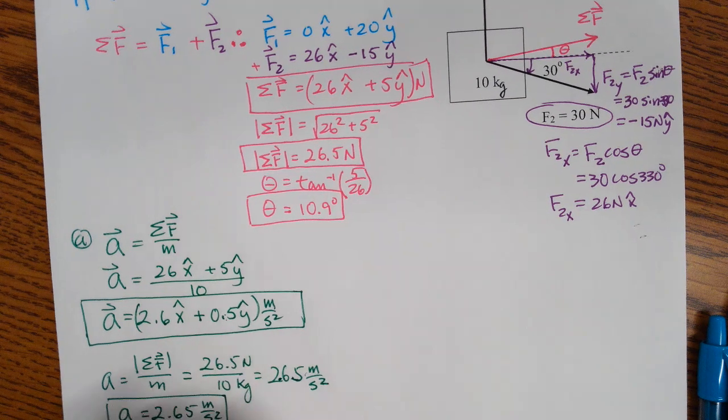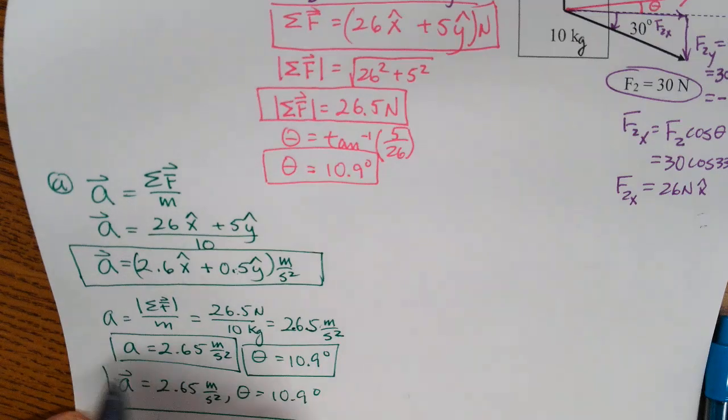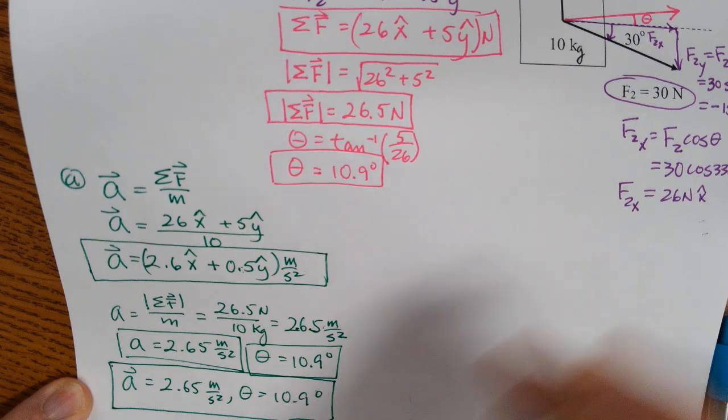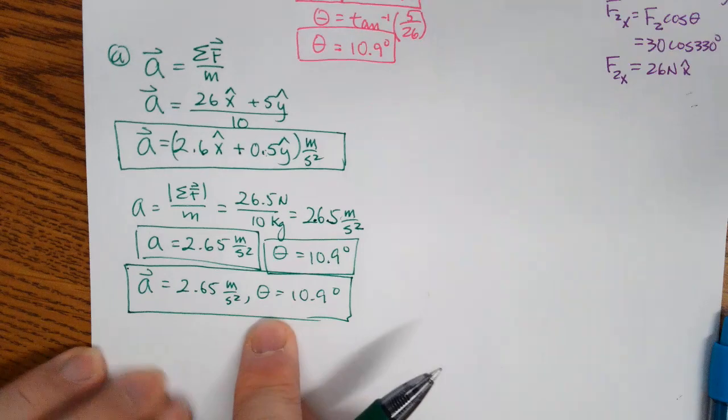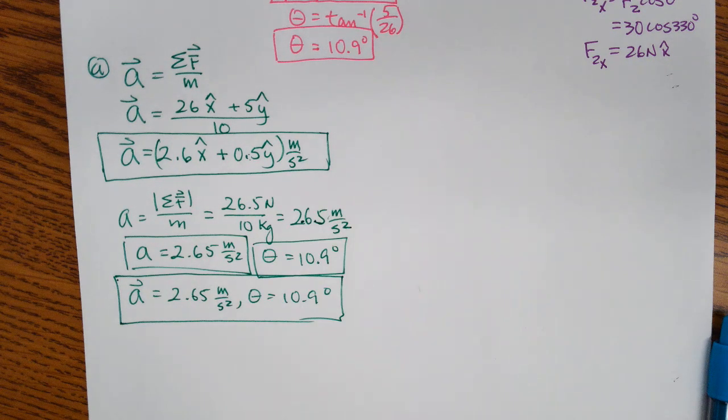But what about the direction? Well, the direction theta is the exact same theta as the net force theta, which is 10.9 degrees. So you can also represent that as 2.65 meters per second squared, theta equal to 10.9 degrees. They're the exact same things. If they want it in polar form, you do this. If they want a Cartesian form, you give them that.